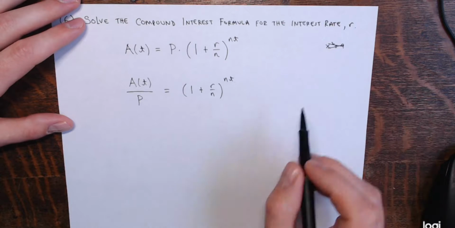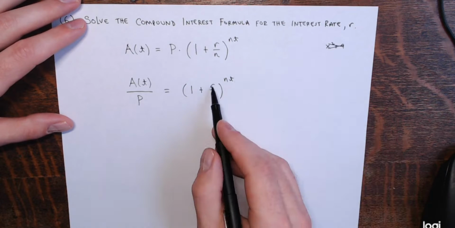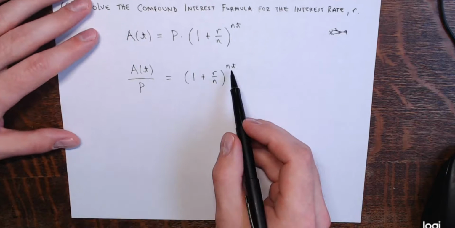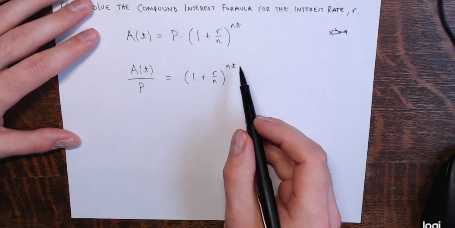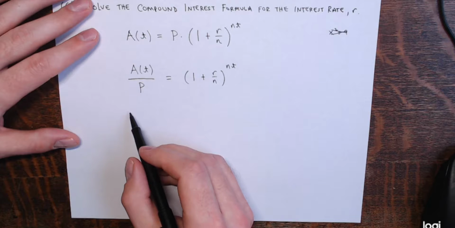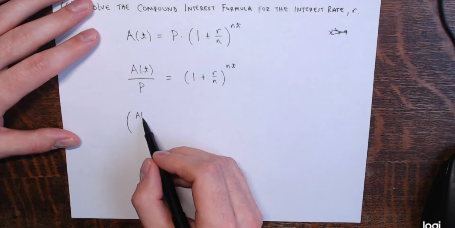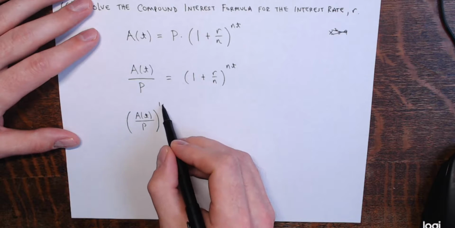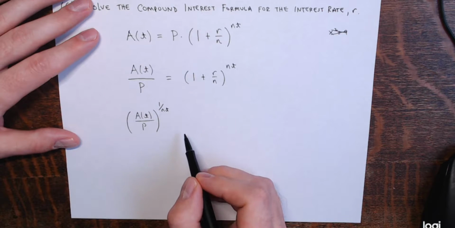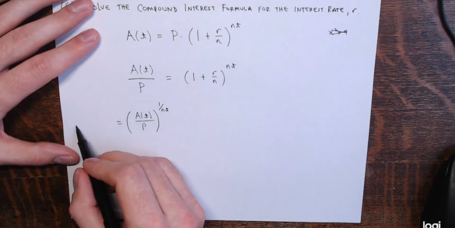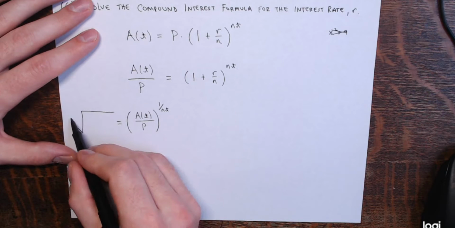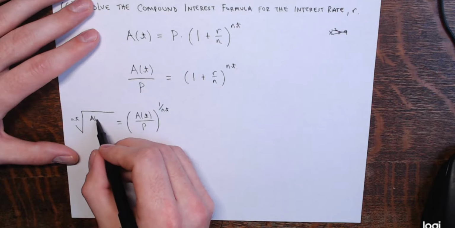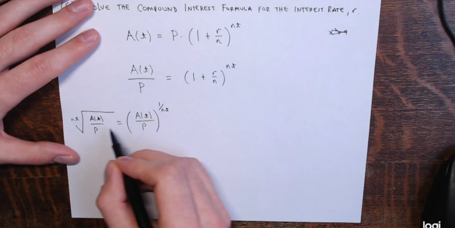I'm not doing that, but if the variable was in your base, you took roots. So I'm raising both sides to the 1 over nt power. So A of t divided by P to the 1 over nt power, or you could call this the n times t root of A divided by P. These mean the same thing.